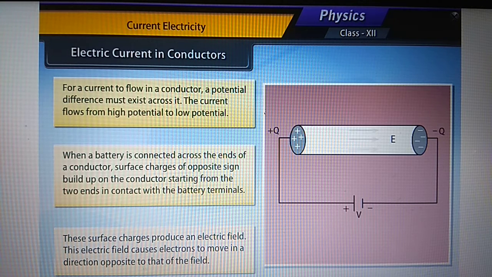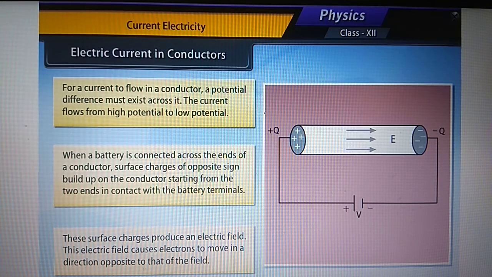This electric field causes electrons to move in a direction opposite to that of the field.